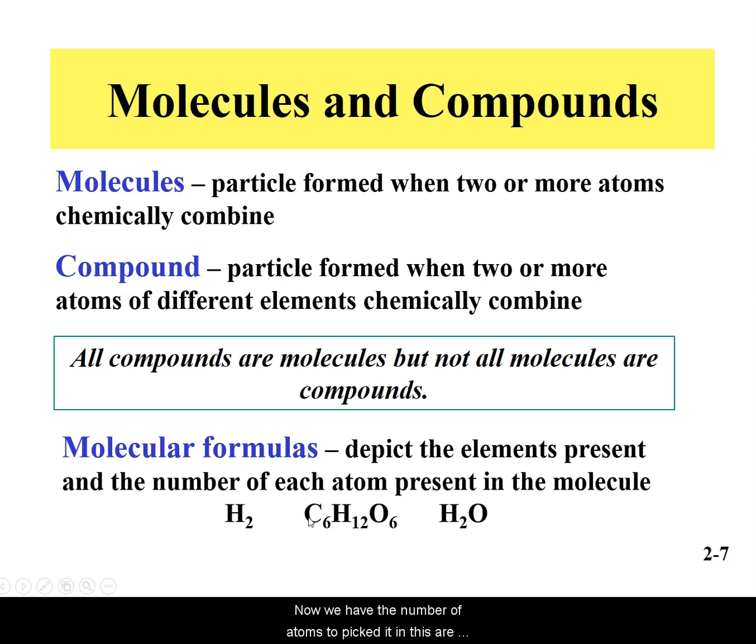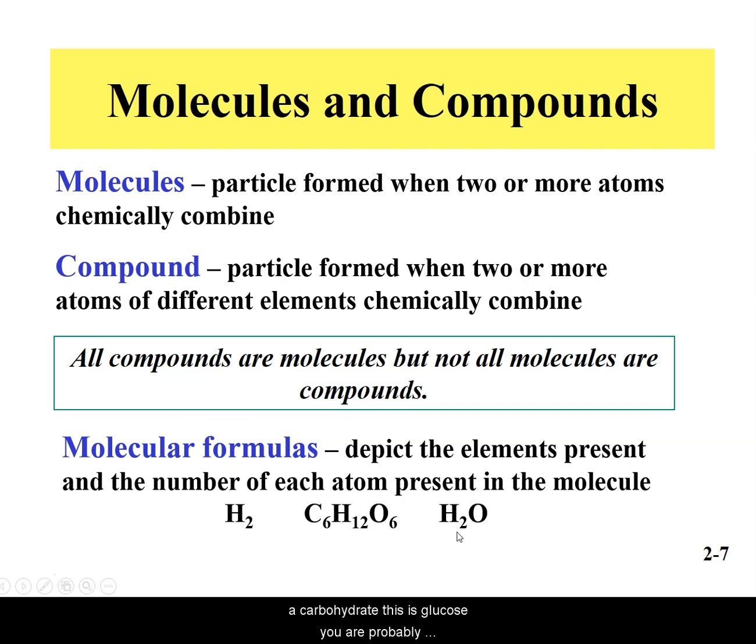Now, we have the number of atoms represented in this molecule. And by the way, you can look at the ratio between the carbons and the oxygen and hydrogen, and it's 2 to 1. That usually tells us that this is going to be a carbohydrate. This is glucose.